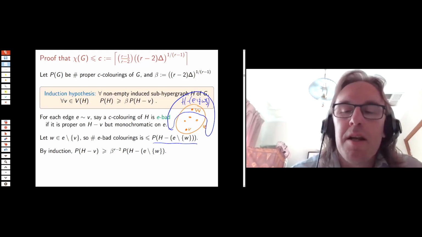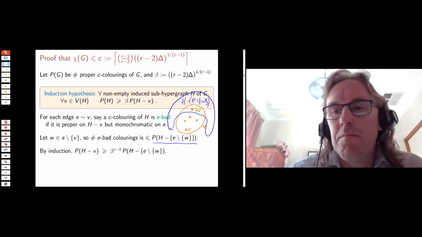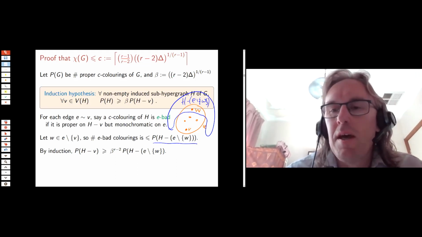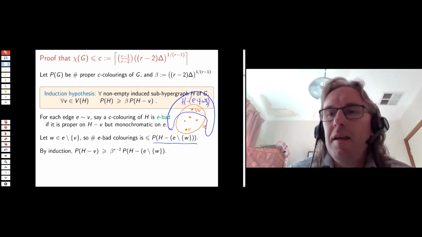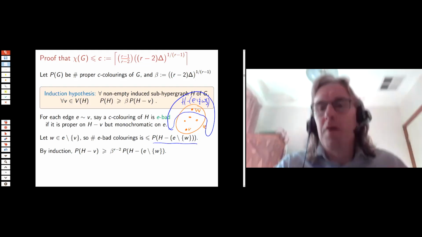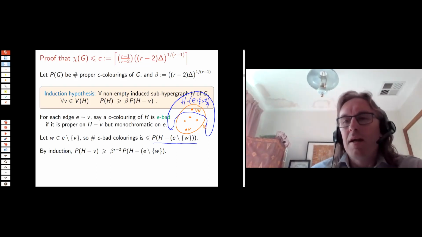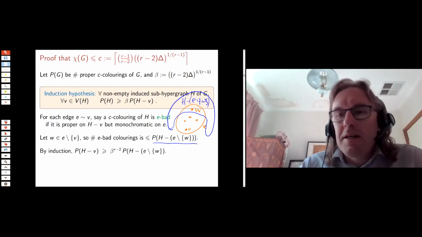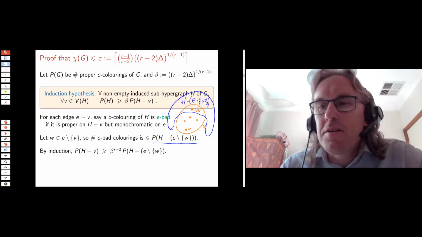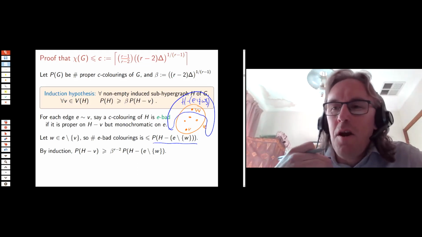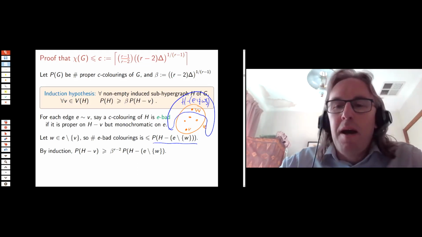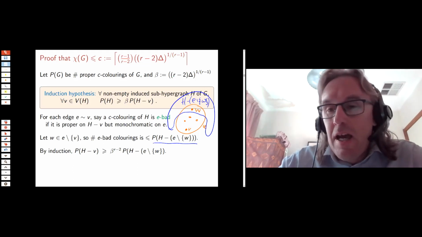And I claim the number of E-bad colorings is at most the number of colorings of that blue graph, because you give me any proper coloring of H minus E minus W, and now that vertex W gets one color, say it's orange, like in the picture, well, that means the only way to extend it to a bad coloring of the entire edge is to color all of the other vertices orange, right?